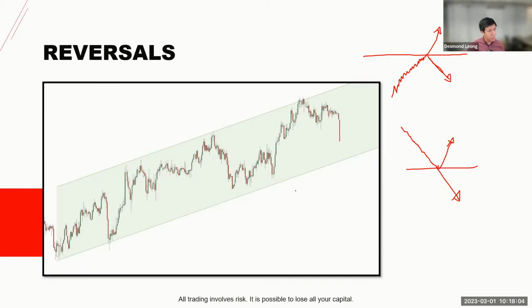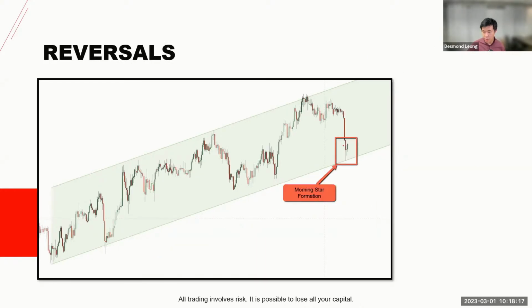So we have a channel over here. In this example, we have a nice little bullish channel going upwards. Price is dropping very strongly over here. Price drops all the way to here and it forms a morning star formation. A morning star formation means there's a bearish candle, a nice little star, and then a bullish candle.